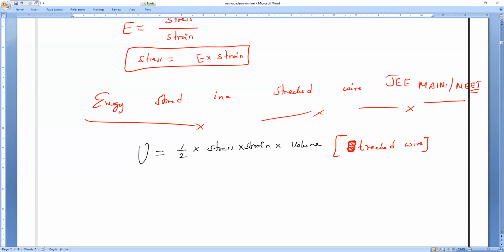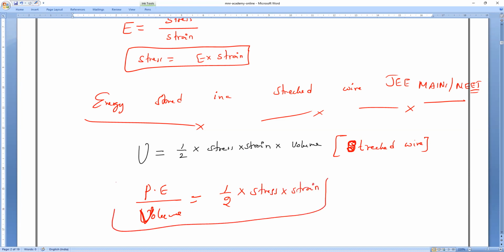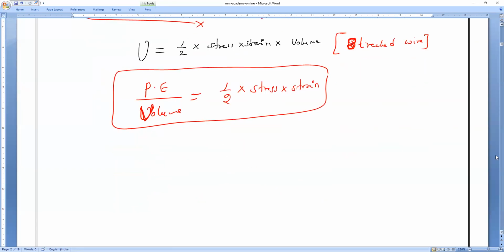Now, the same formula if I write for the potential energy possessed by a body per unit volume, that is very important.